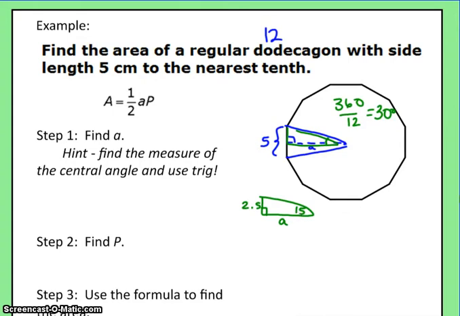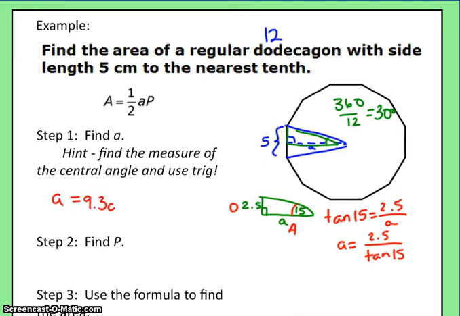So what I need to do is use tangent to find the apothem. 2.5 is opposite of 15 degrees, and the apothem is adjacent. So tangent of 15 equals 2.5 over the apothem. So the variable down low, you would divide them. So 2.5 over the tangent of 15, and my apothem is 9.3 centimeters.